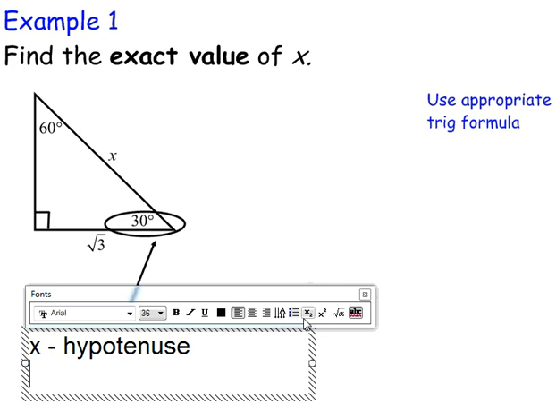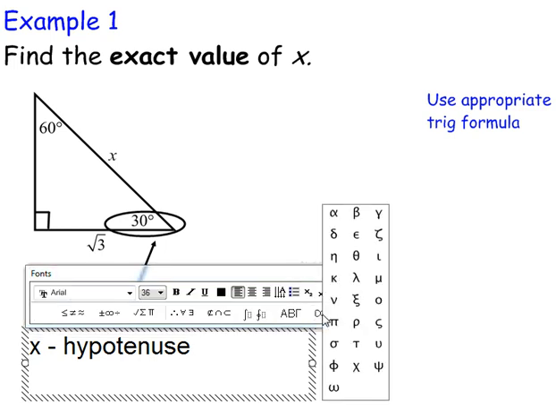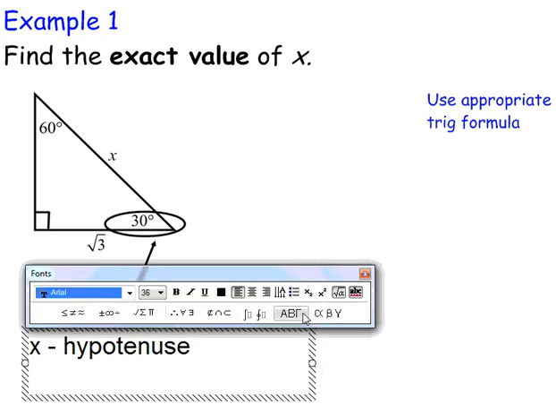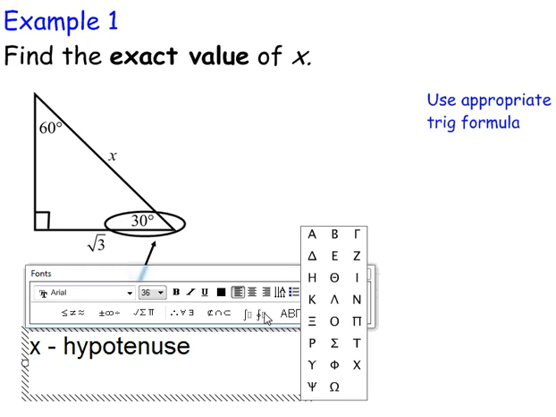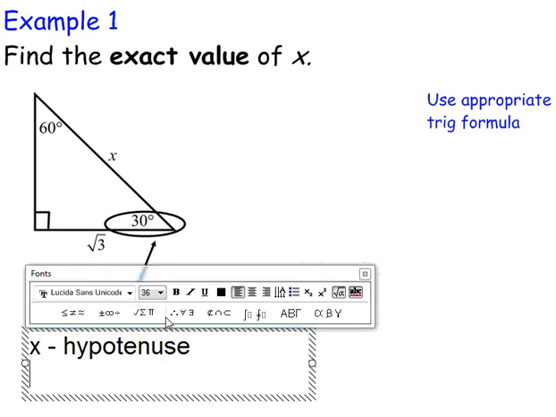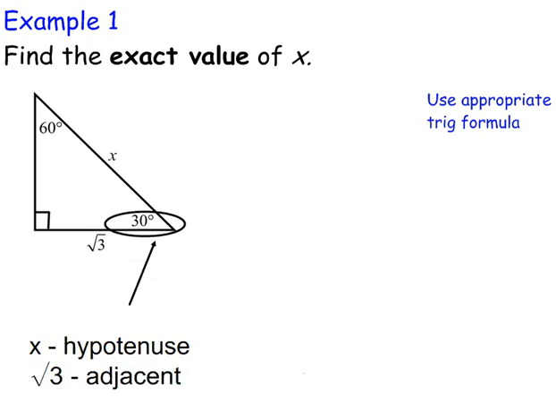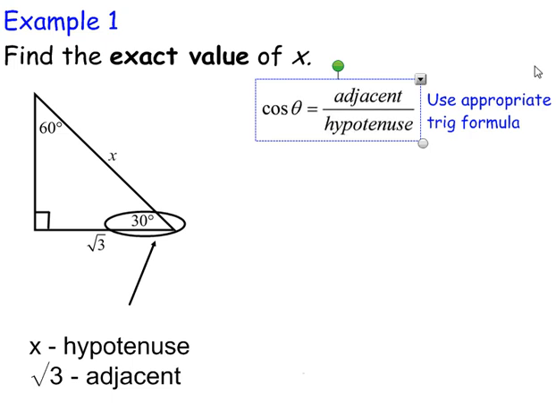And the radical 3 is adjacent. So if I have adjacent and hypotenuse, that means I have to use cosine. Okay? But you could have also used sine if you wanted. In that case, you would have to use the 60 degrees.